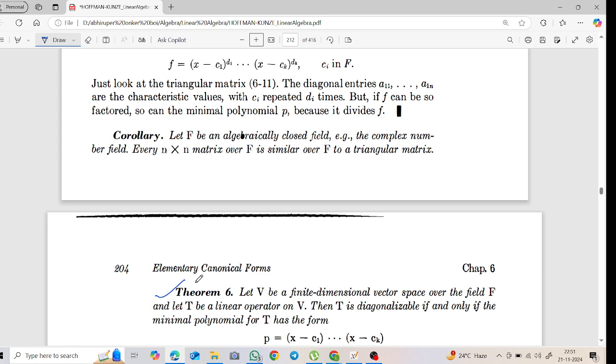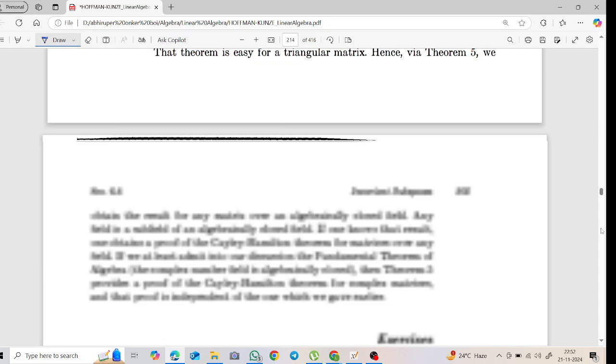Okay. This was the result. This is what we used here.